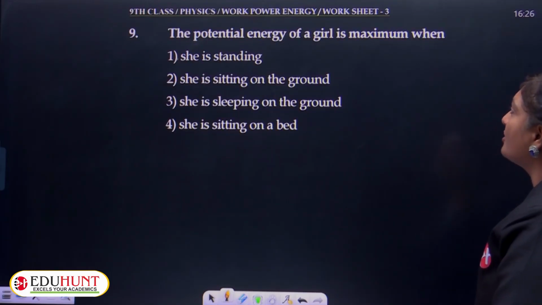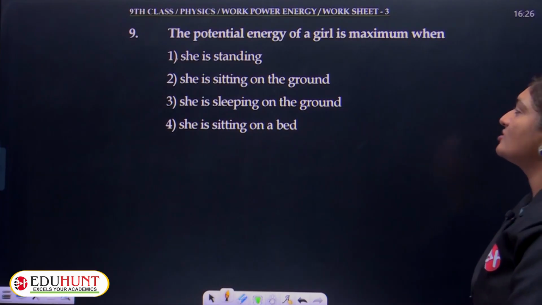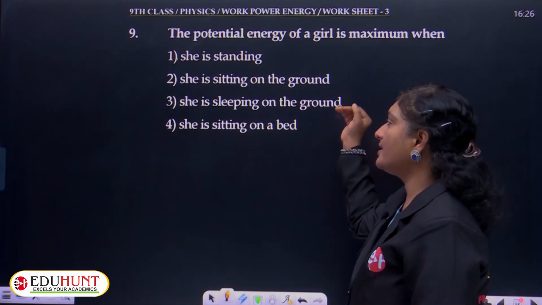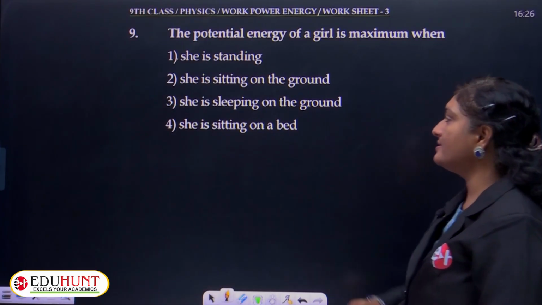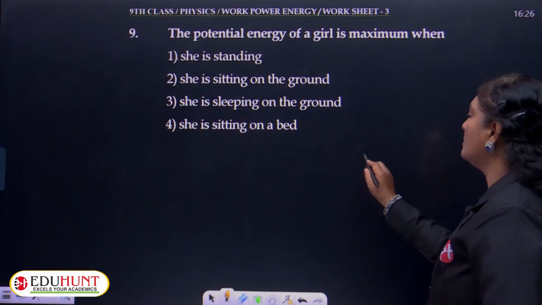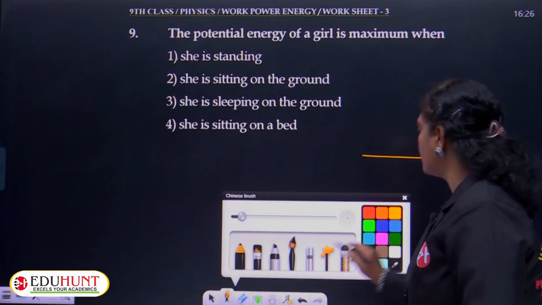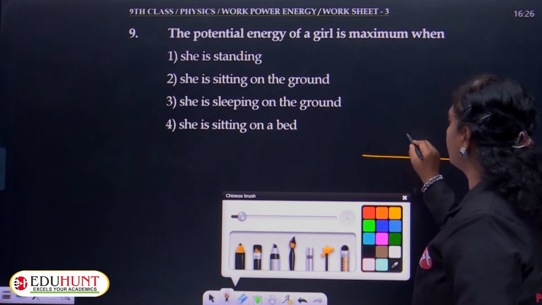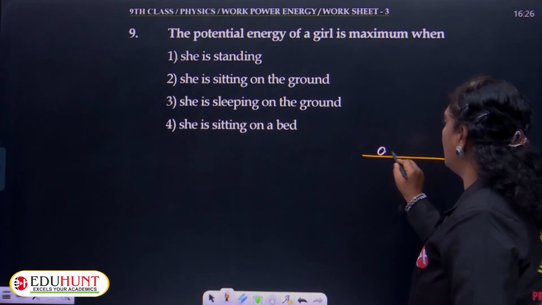The potential energy of a girl is maximum when she is standing, sitting on the ground, sleeping, or sitting on the bed. So let us consider a girl.